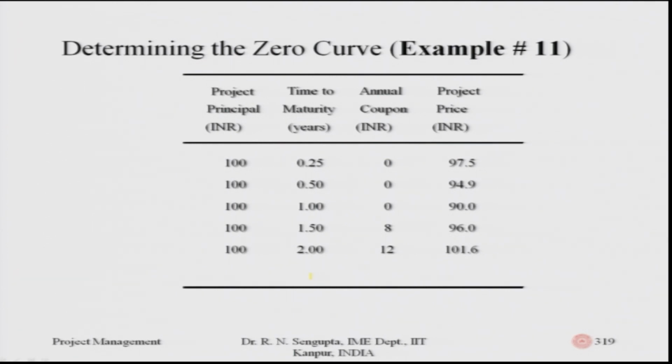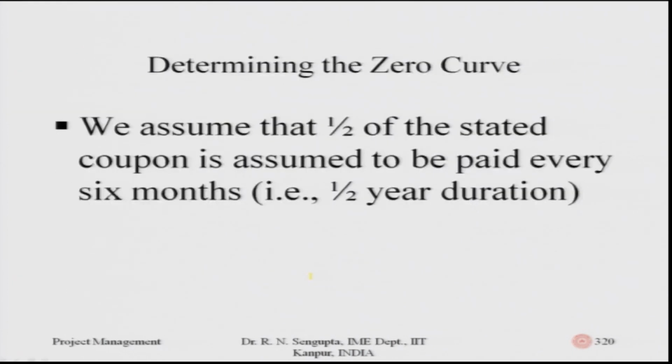They are arbitrary values to help you understand. The project price is 97.5 for 1/4 of a year, till the last value, which is 101.6 for a 2-year period. We assume, as per the concept, that half of the stated coupon is paid every 6 months, that is, every half year.